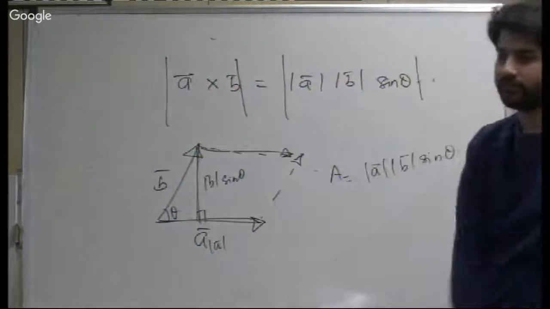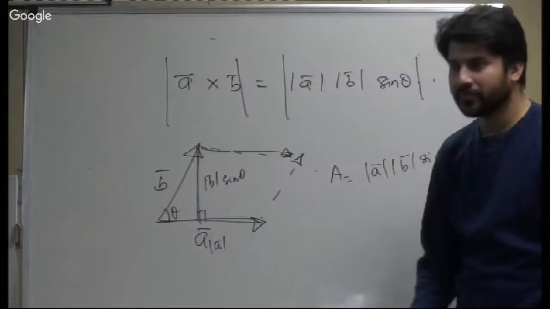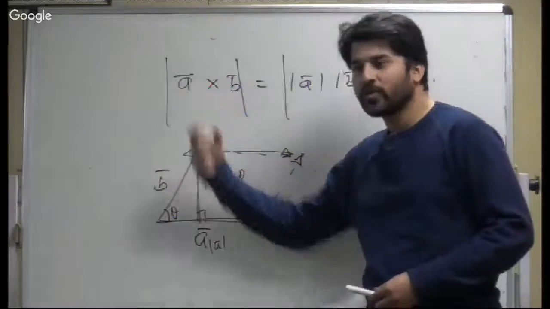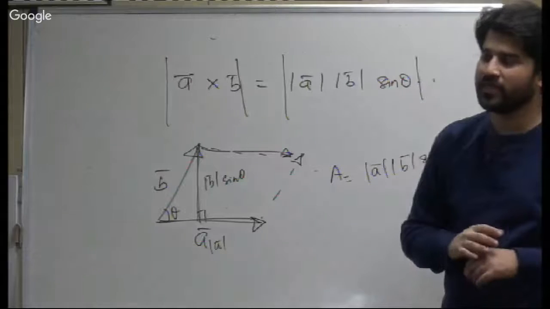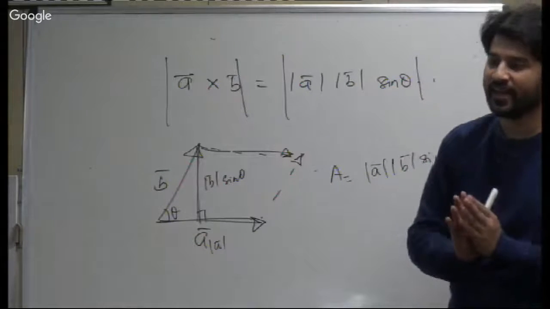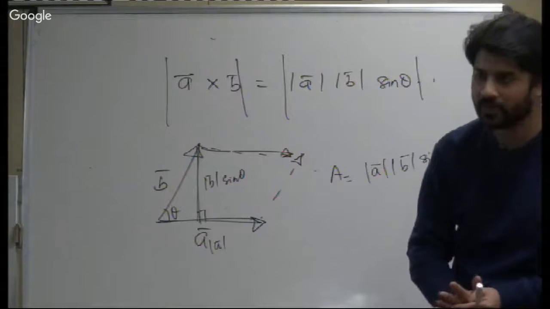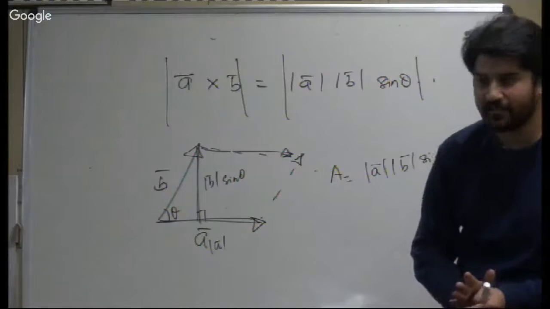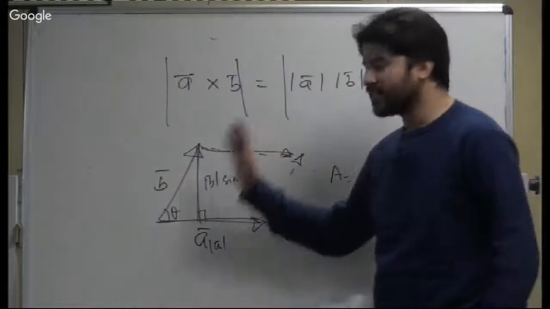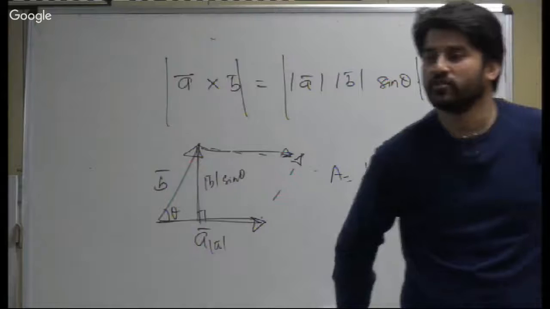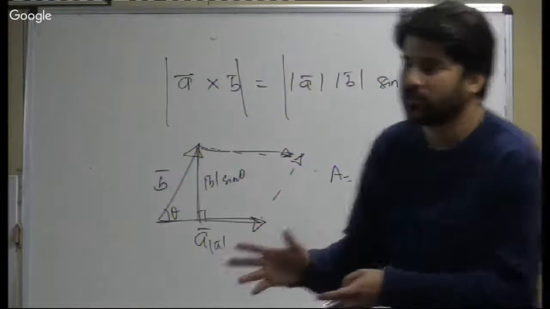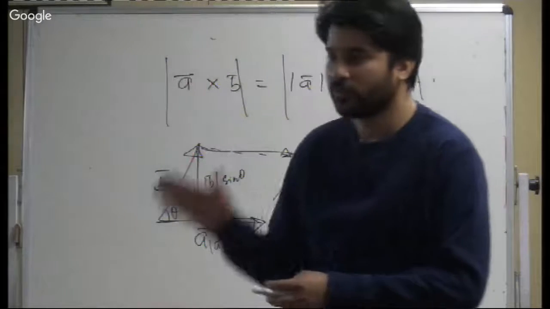It will be the same, right? So we understood that the vector product A cross B means I am just finding the area of the parallelogram with sides A and B, and the direction gives us the vector area direction. So when you have to find area, you are not interested whether it is going in or going out.